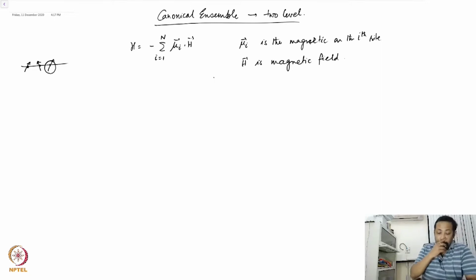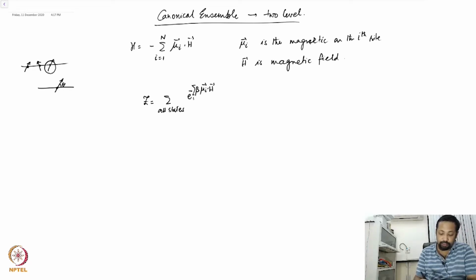So the configuration of this rotor, or this spin, with the angle theta is the one which essentially describes the microstate of the system, and the partition function is given by the sum over all states of e to the power minus beta mu_i dot h, summed over i.